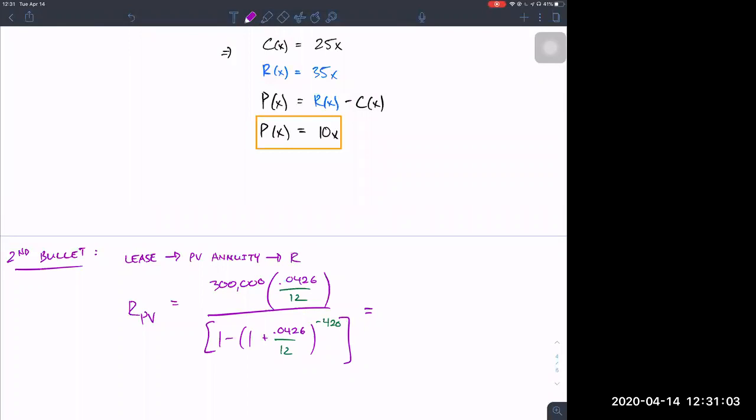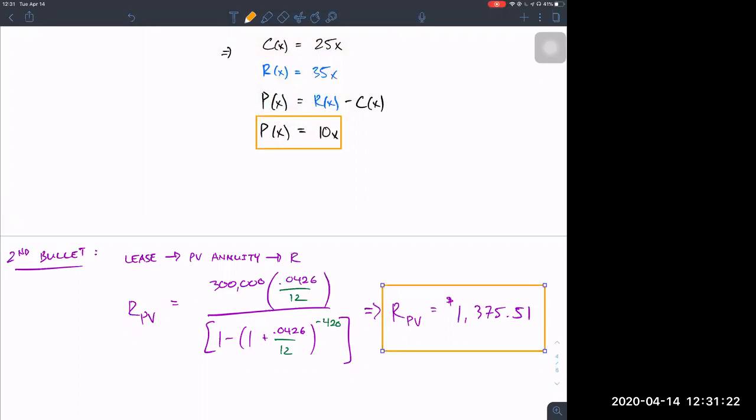And then once you're done here, this implies that your recurring payment is going to be $1,375.51. And this is the second piece to your model.